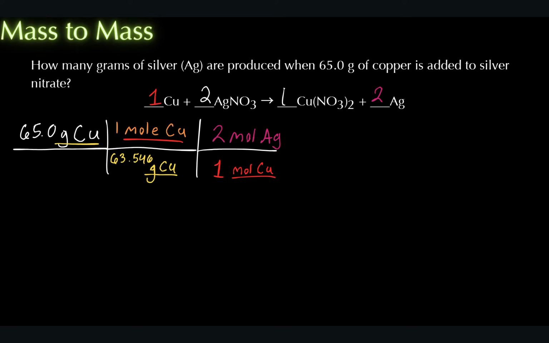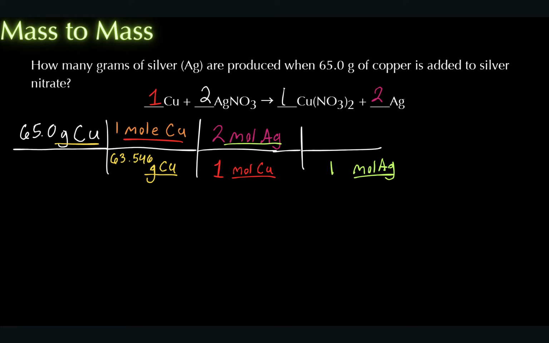We're not quite finished yet. We're going to expand this one more time. Now I have the mole of Ag on top. On the diagonal, I know I'm going to need the mole of Ag. Our molar mass is always equal to 1 mole of itself.